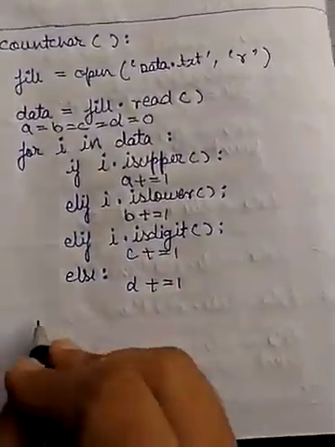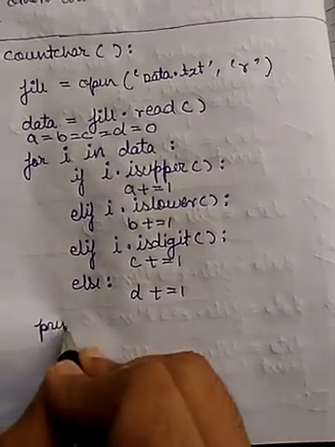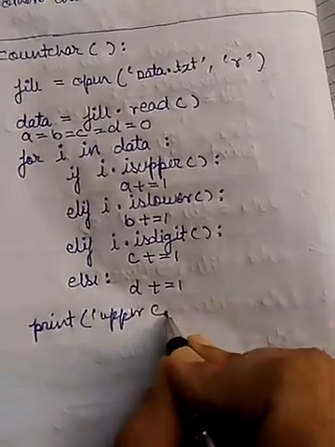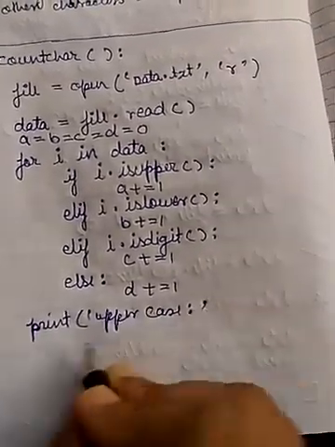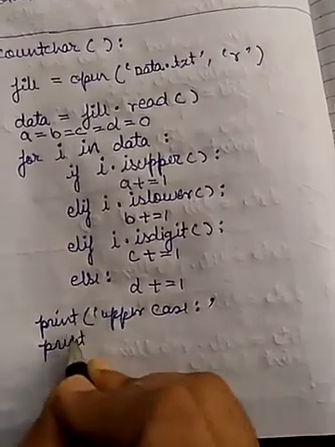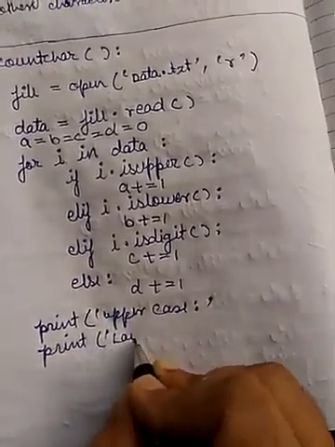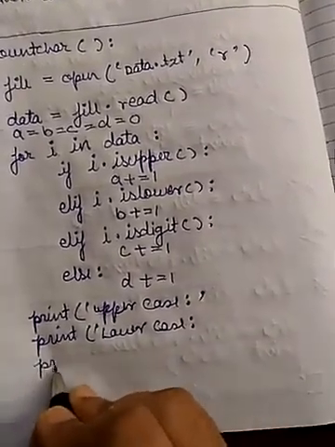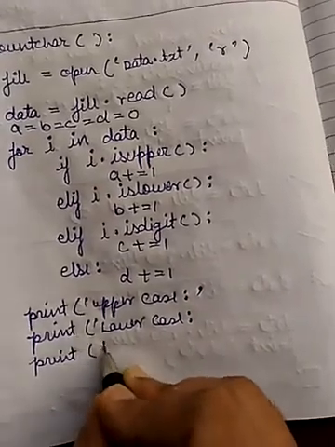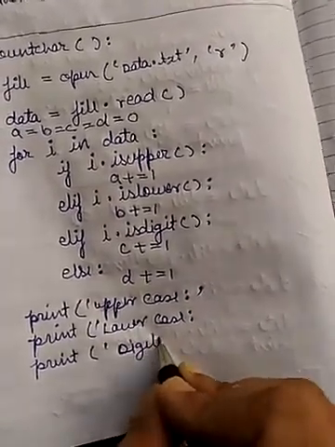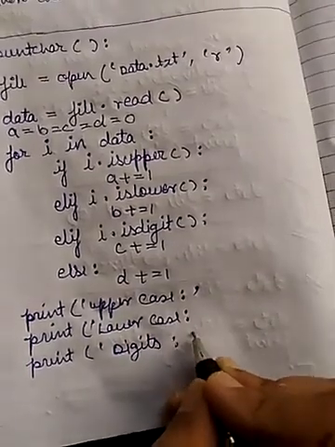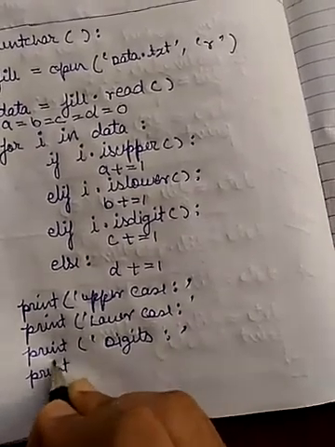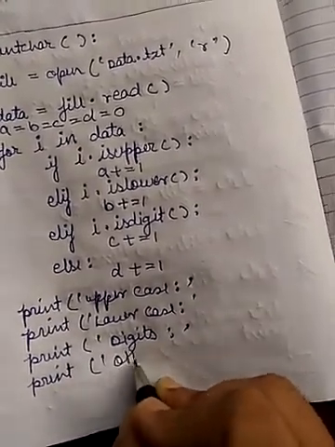And after the loop we have to print the value of counter. So print uppercase, print lowercase, print digits, print other characters.